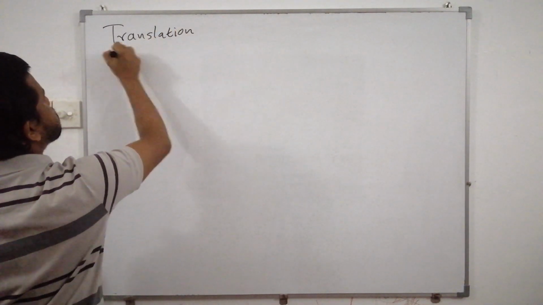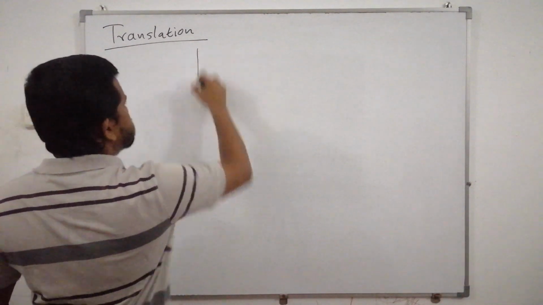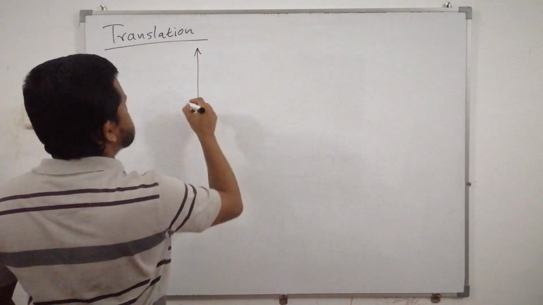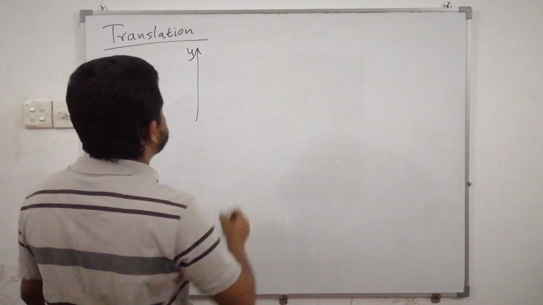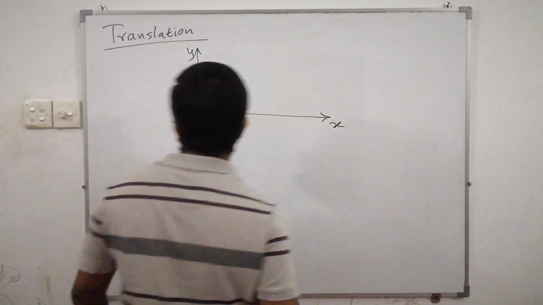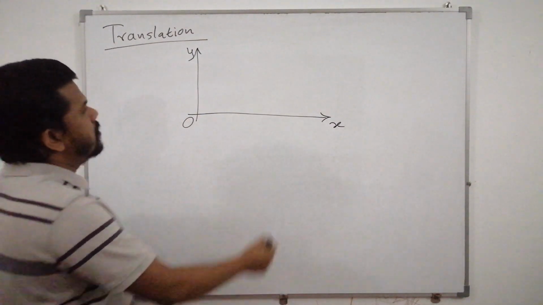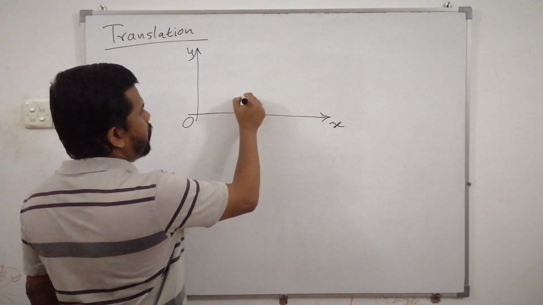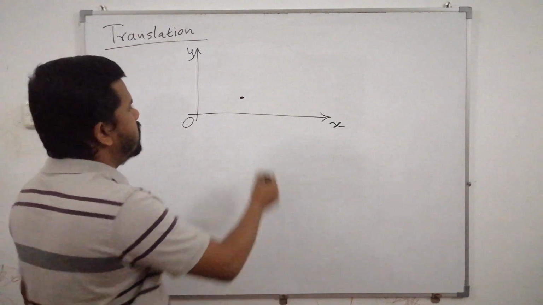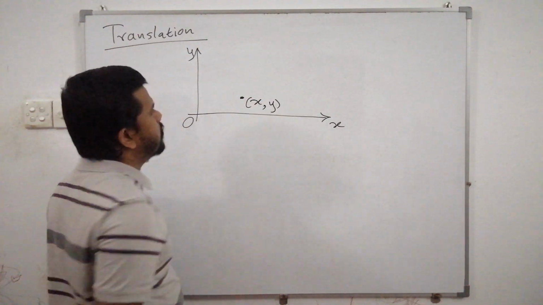Translation. So this is the y-axis and this is the x-axis. Here we have the origin. Now consider a point with coordinates x, y.